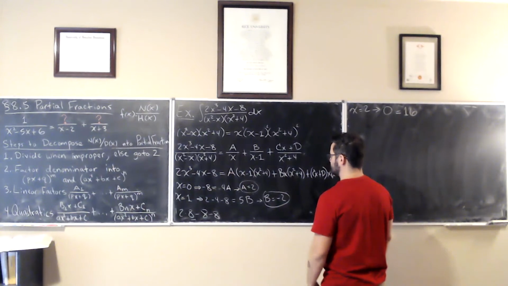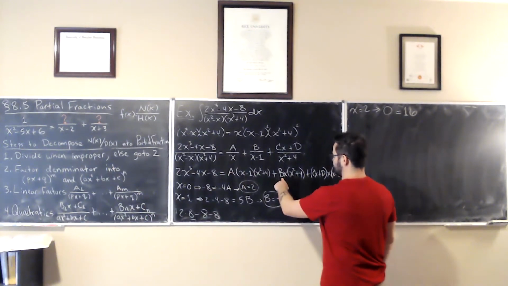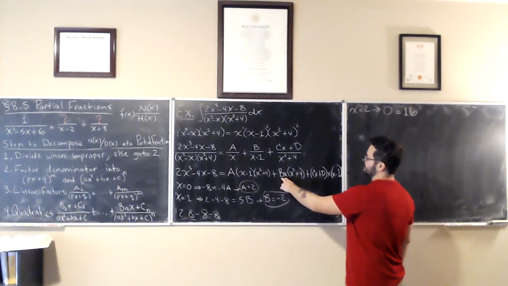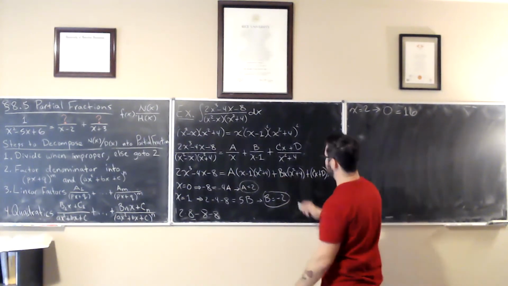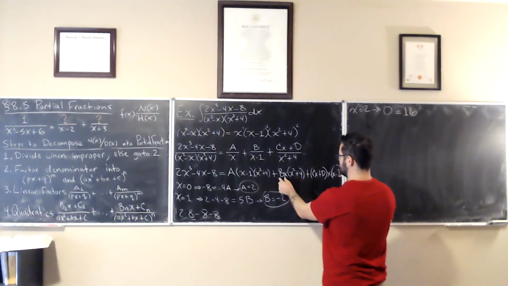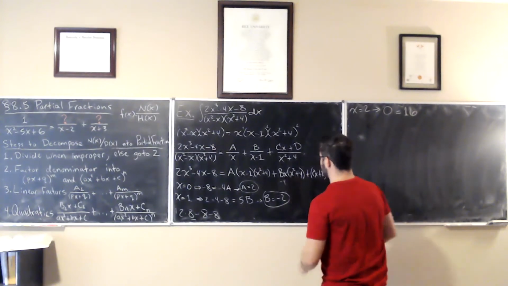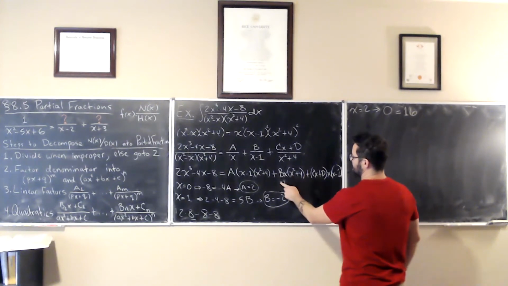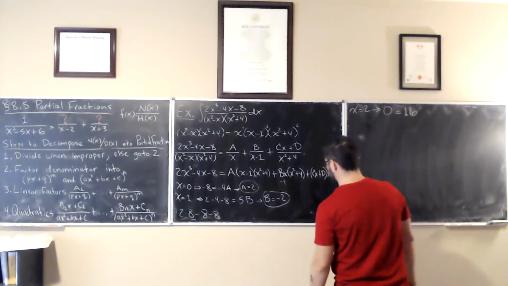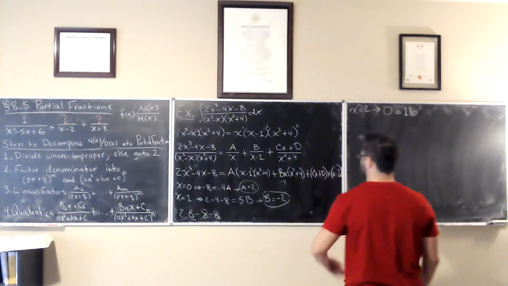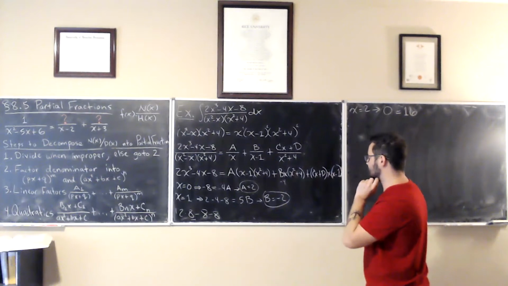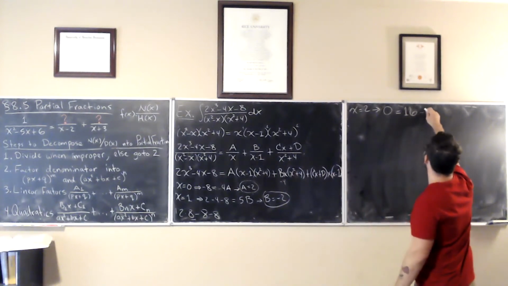And then b is -2, so -2 times +2 is -4 here. And -2 squared is 4, so 4 plus 4 is 8. -4 times +8 is -32.